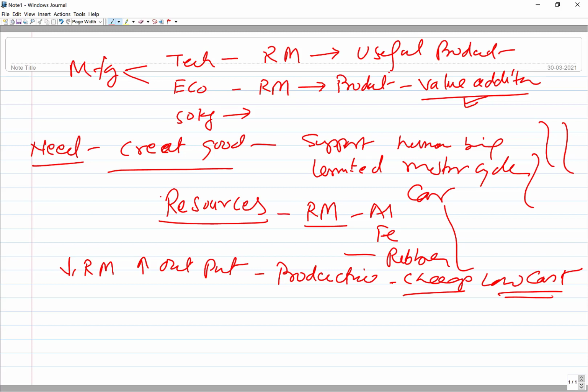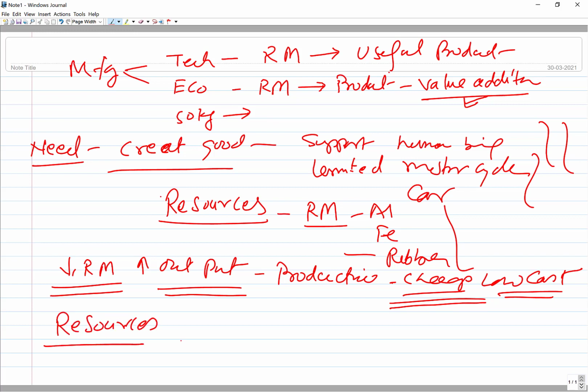So how is it possible? By using less and less raw material, more and more can be produced, so that it will be less costly and have greater reach to the masses. If the same thing is very costly, the number of buyers and purchasers will be reduced.